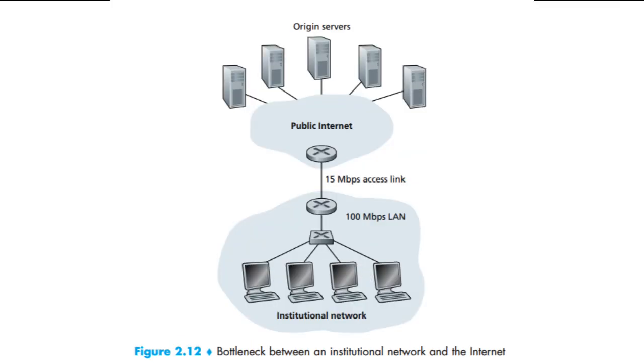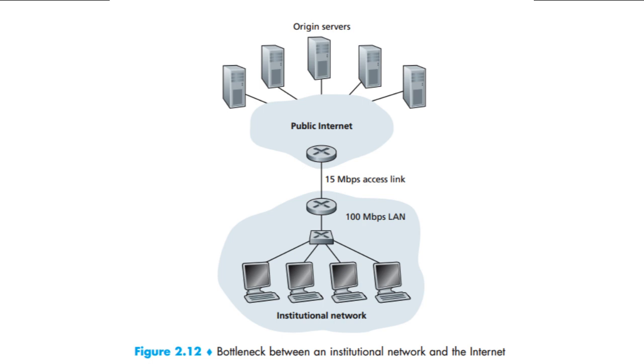The figure we are looking at shows two networks, the institutional network and the public internet. The institutional network is like a private high-speed internet just for the organization or institution using it. The institutional network is connected to the public internet through a link between routers on each network.